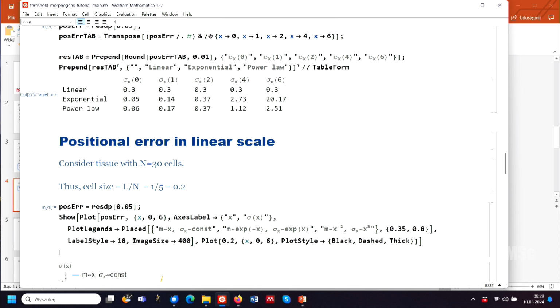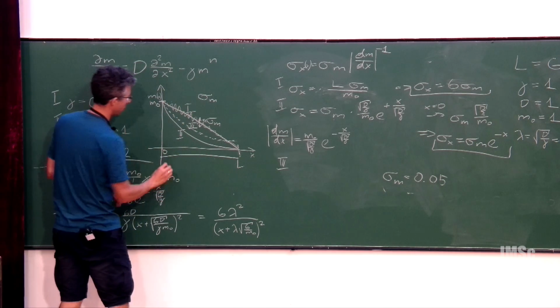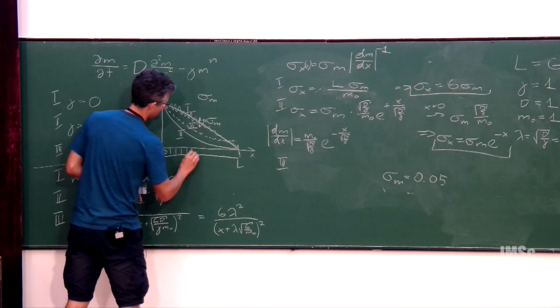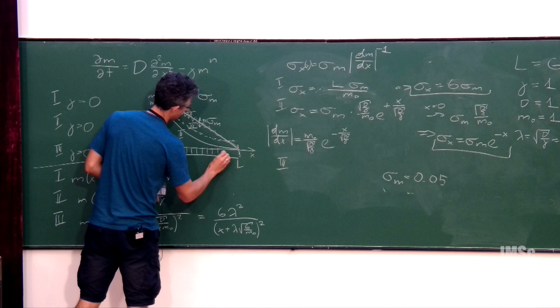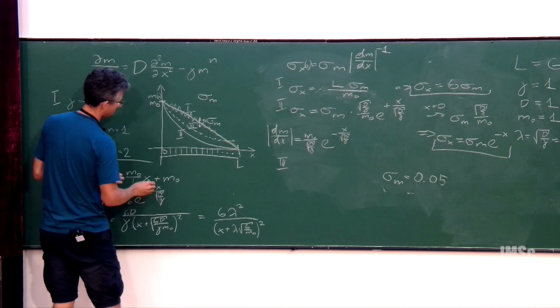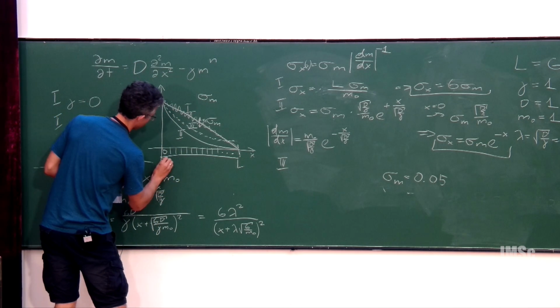And now let's make this example more realistic in the sense that we now want to consider cells here, and we say, okay, over this 6 in arbitrary units, we have 30 cells. And so each cell would have a cell diameter.